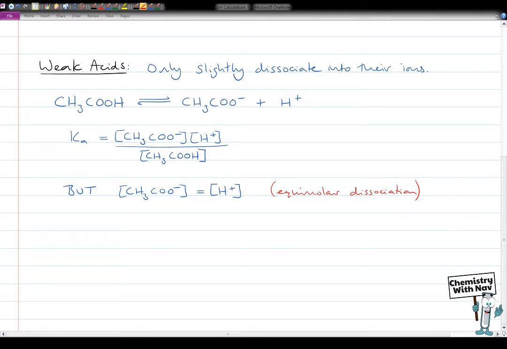And all that means is that if you go back up to the equilibrium, for every one ethanoic acid you get one ethanoate ion and one H+ ion. So there's equal moles of those two. So that allows us to make this substitution, that H+ squared is now in the Ka expression.